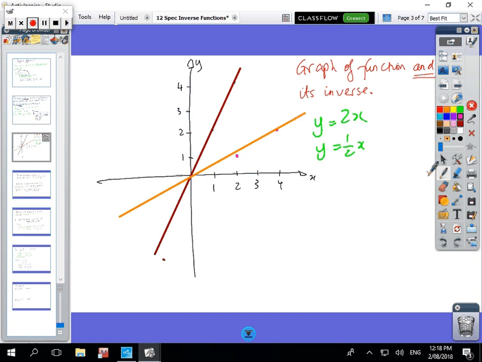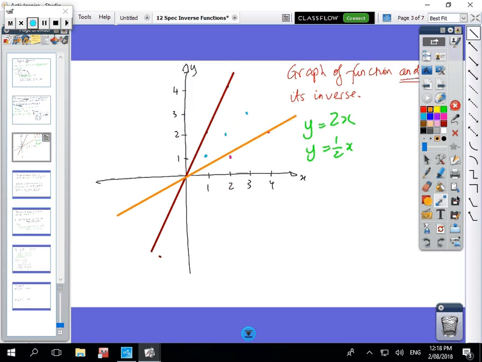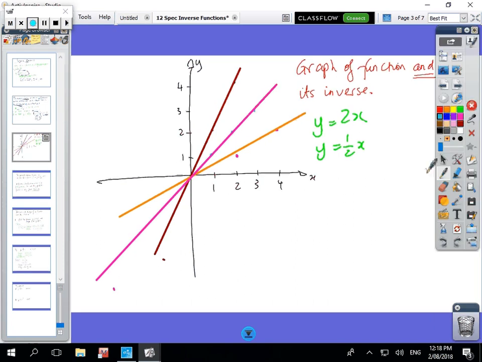And what you can see, or what you maybe can't see, is if I put y equals x in between those lines and make a straight line with another colour, this line y equals x, these two lines, the function and the inverse, are mirror images of each other in the line y equals x.